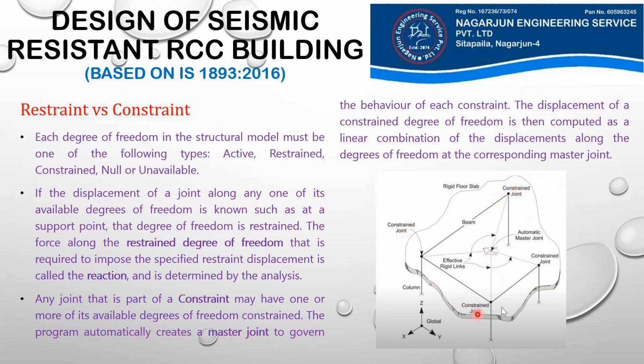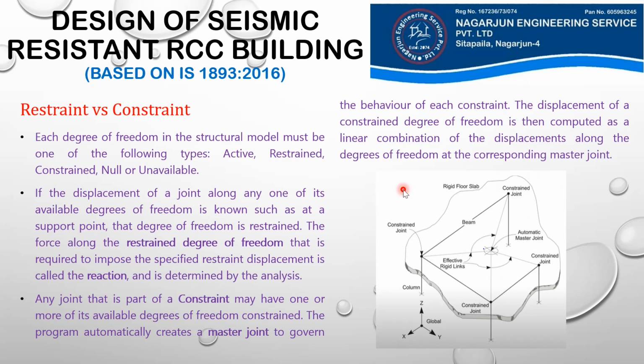So when we constrain these 4 joints, this master joint is created by the program itself. This is the master joint, and these 4 joints are known as slave joints. The displacement of a constrained degree of freedom is then computed as a linear combination of the displacement along the degrees of freedom of the corresponding master joint. That is, the displacement of this master joint now controls the displacement of these constrained joints.